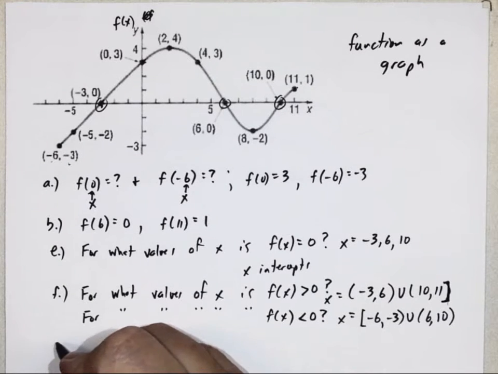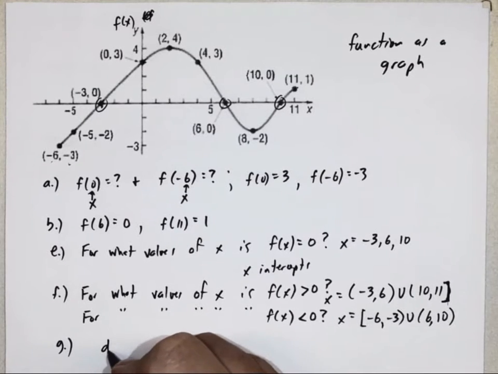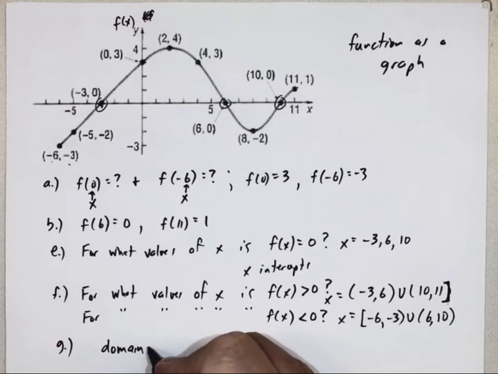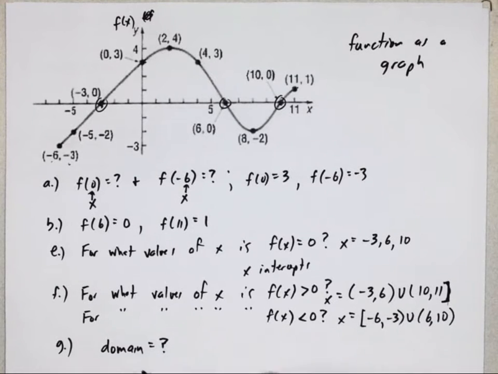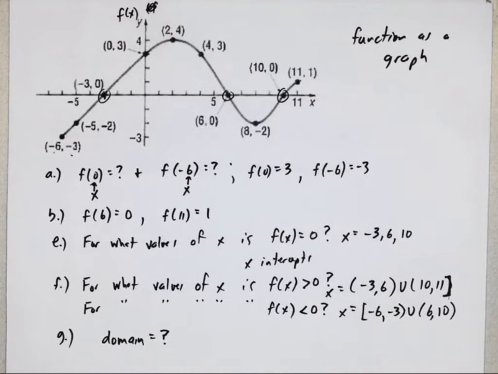Now here's a question I ask. They ask, what is the domain? Now, we've talked about the domain of an equation, but what about the domain of a graph? And actually, the domain of a graph is a lot easier than the domain of an equation. Once again, the domain is all the possible values of x.